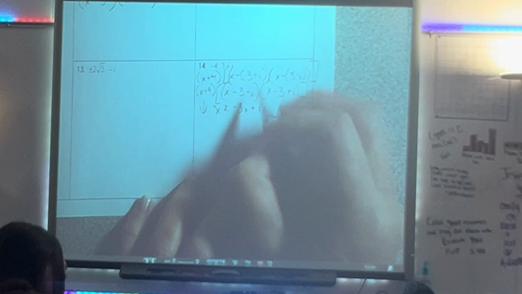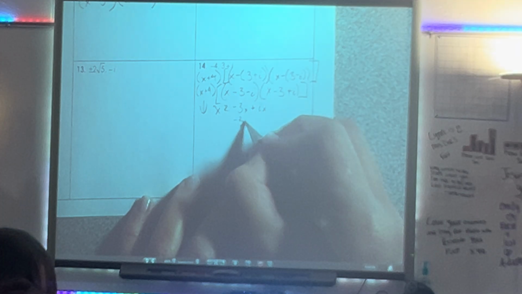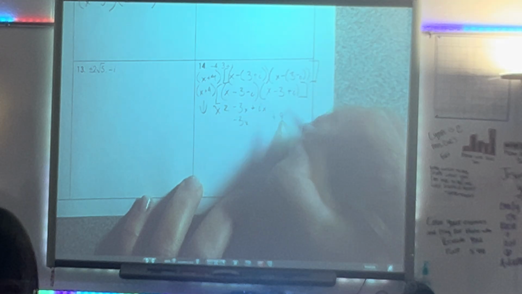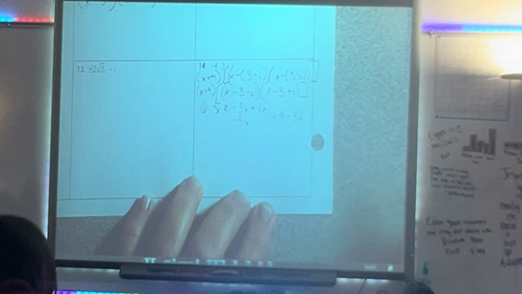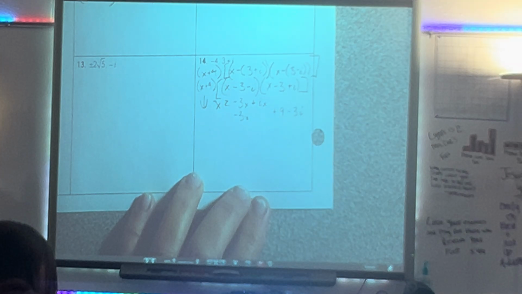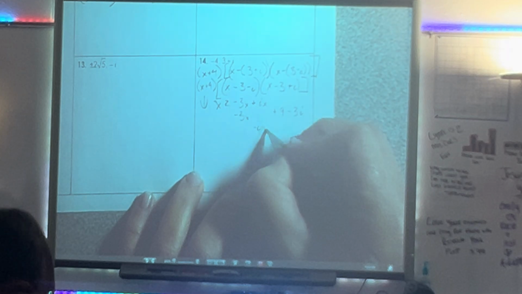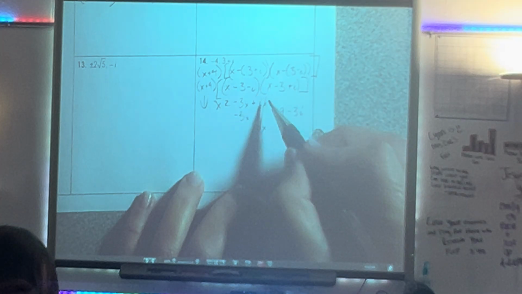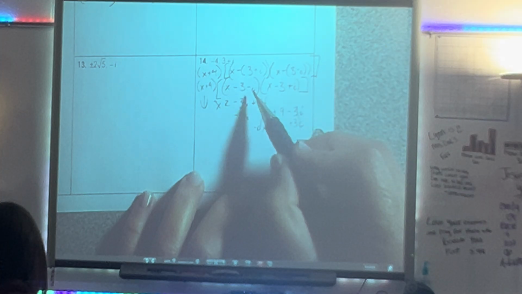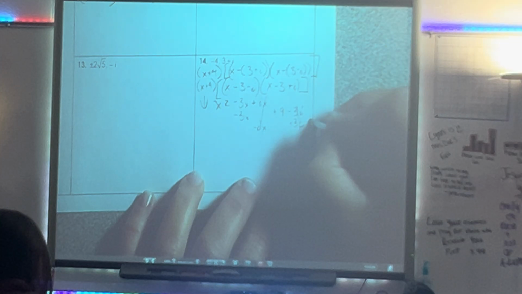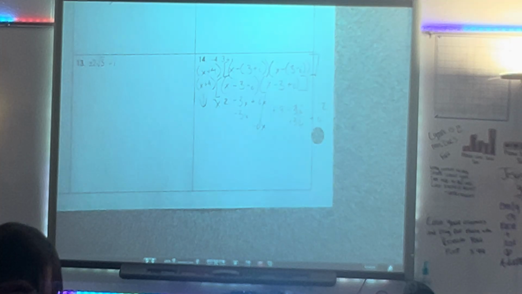Then here I'm going to have another negative 3x. I'm going to have a positive 9. And then I'm going to have a negative 3i. Then when I multiply my i through, that's going to give me a negative ix right there. So those will cancel. This will give me a positive 3i. So those cancel. And then I would have minus i squared back there.